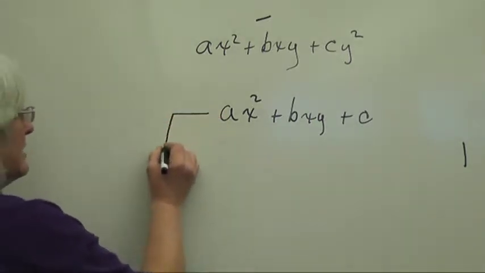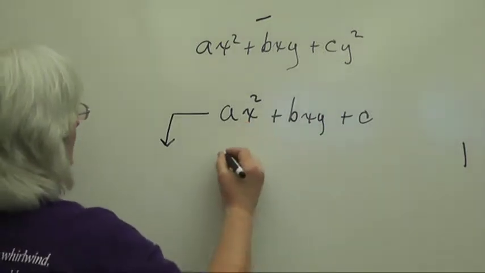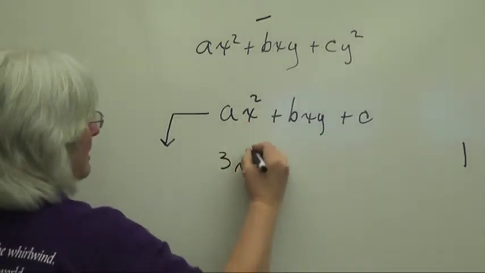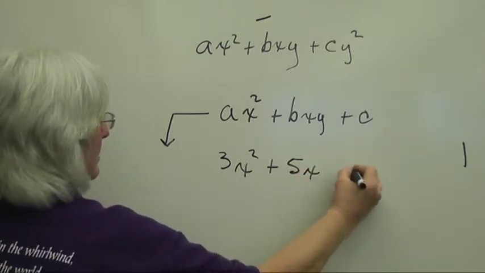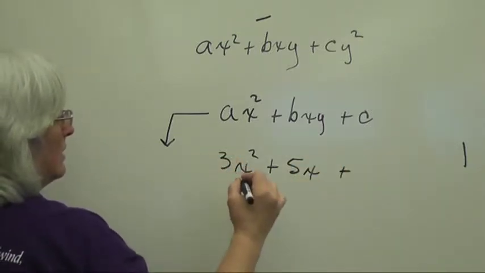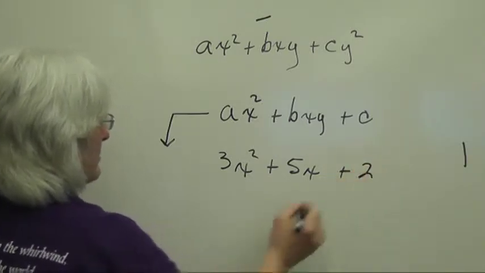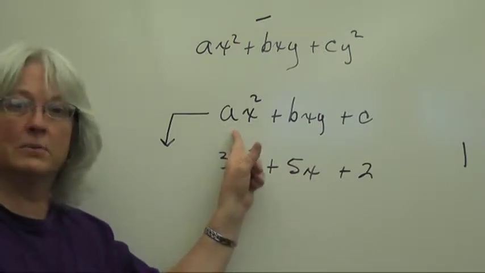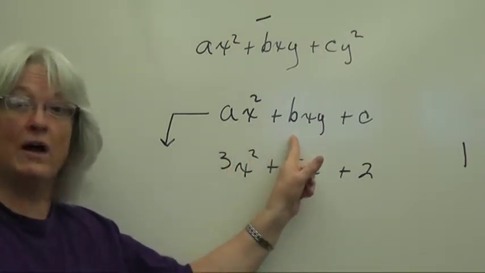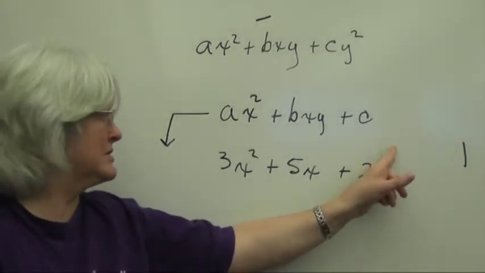If we had an example of a problem that we wanted to factor from last time, that could be something like 3x squared plus 5x plus 2. 3 is in the place of the A, 5 is in the place of the B, and 2 is in the place of the C.